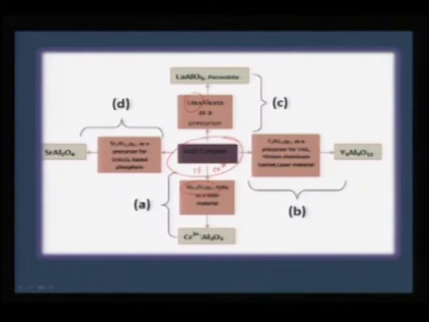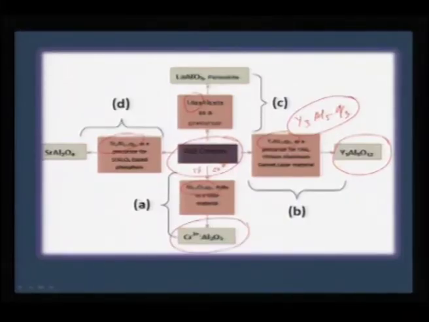Or if I put yttrium there in a composition Y3 Al 5 Q3, then I can expect a yttrium aluminum quinoline complex, or I can get a strontium aluminum quinoline complex.